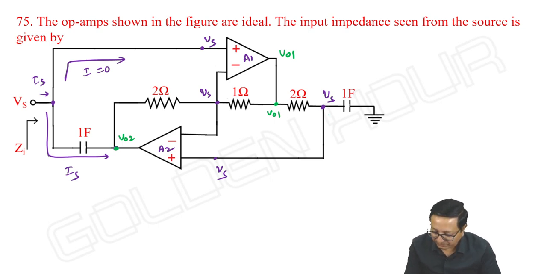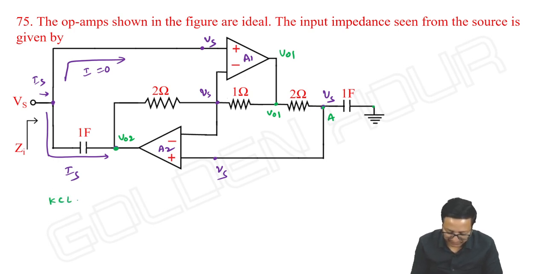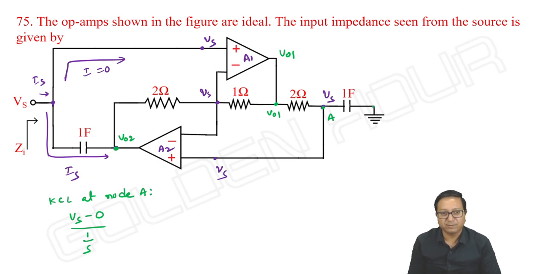See, let me take this as node A. This voltage is 0, this voltage is Vs. Then by taking this node equation, we can find this voltage. So KCL at node A, Vs minus 0 by 1 by Cs. Capacitor values are same, 1 farad, so instead of C, I am writing 1.